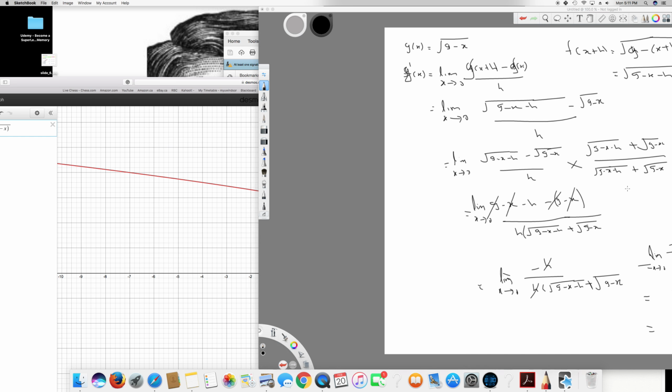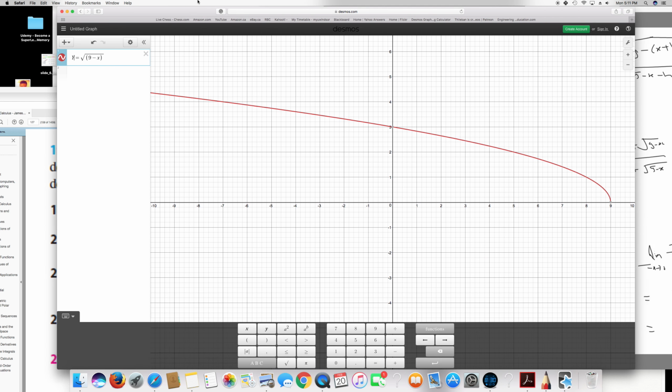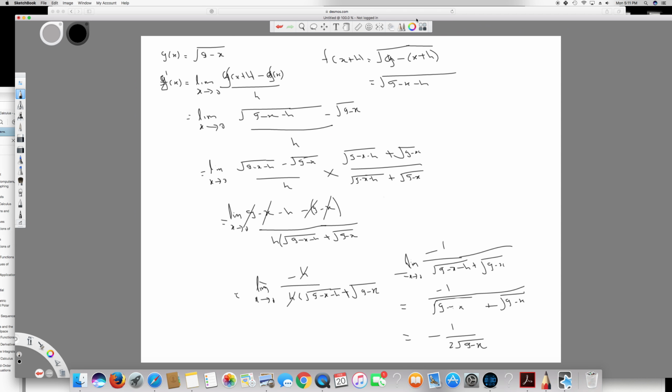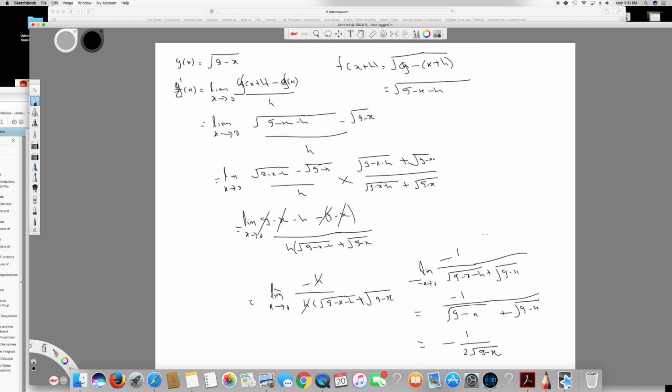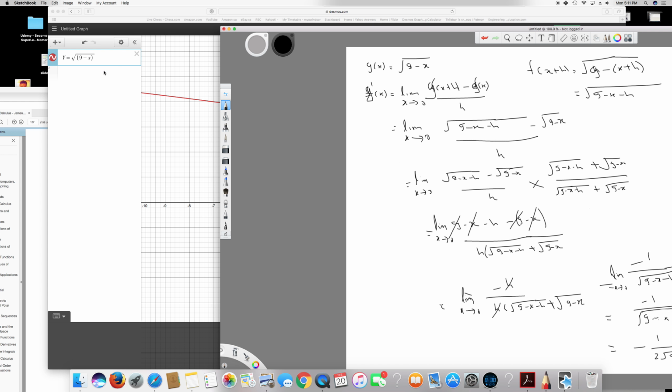And derivatives. What is the domain of the derivative? It's going to be the same thing. Let's see what happens.